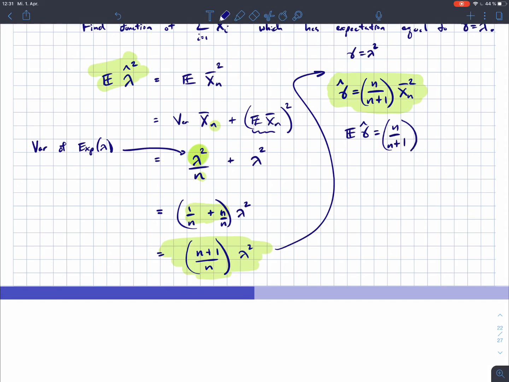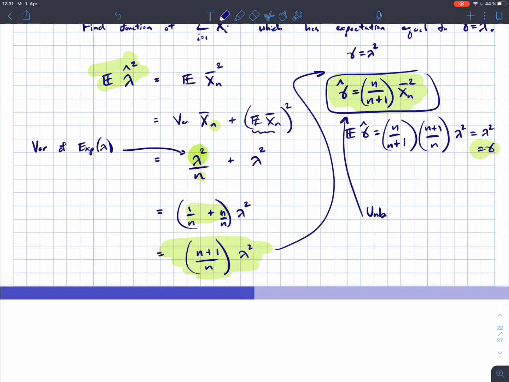And then following all of this work I did over here, it's n plus 1 over n times lambda squared, which is lambda squared, which I'm calling gamma. So this is unbiased.